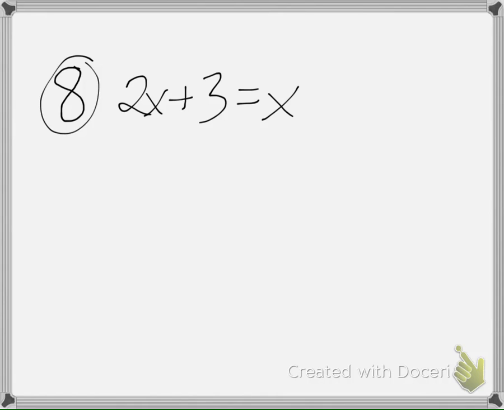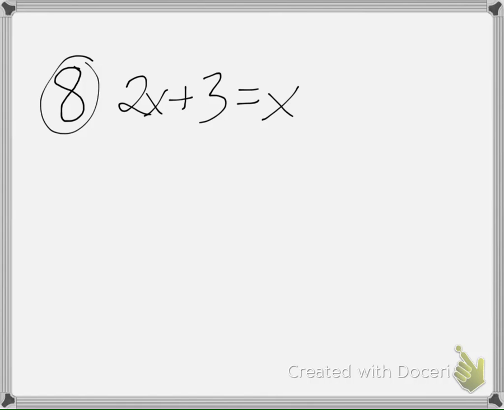I think it's fairly safe to say we can't simplify the right side because it's just one thing. Obviously, I can't combine like terms or use the distributive property here. And on the left-hand side, is there anything I can do? 2x plus 3. Are those like terms? No. So this is already simplified.